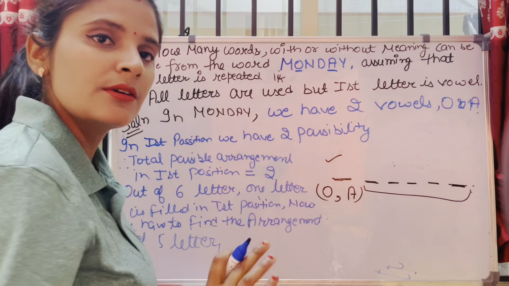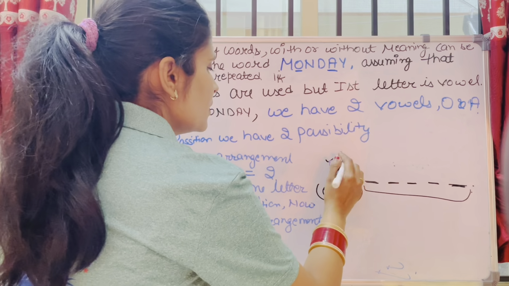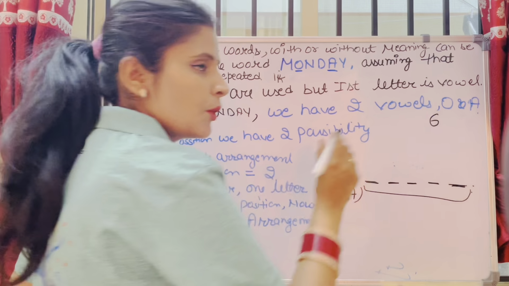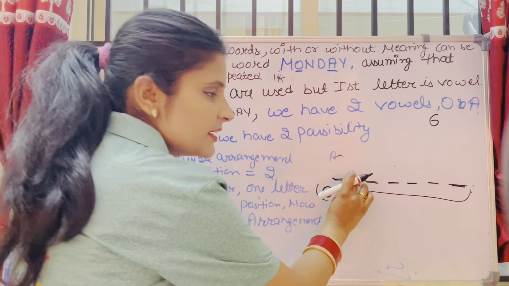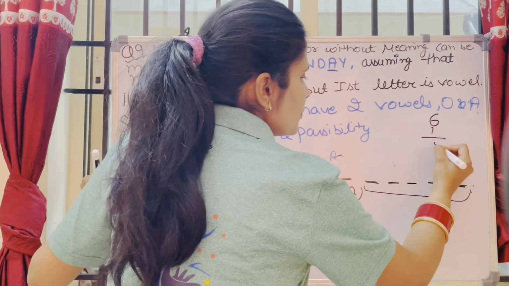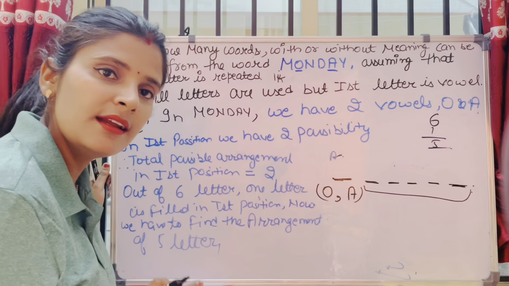One is already filled, either O or A. We have a total of 6 letters, out of which one is already filled, so the remaining 5 letters are left.